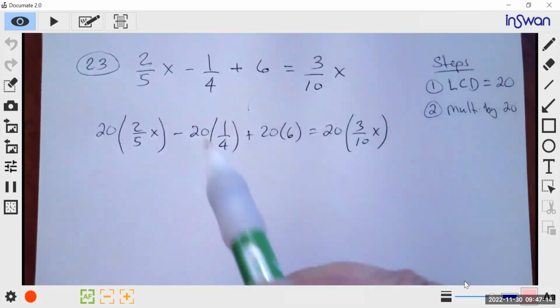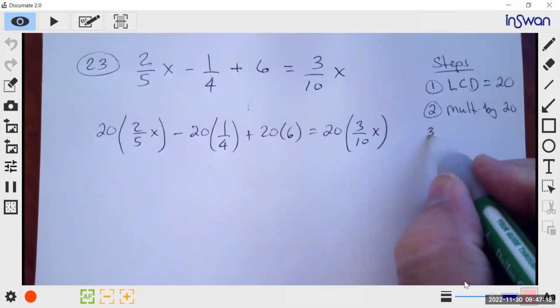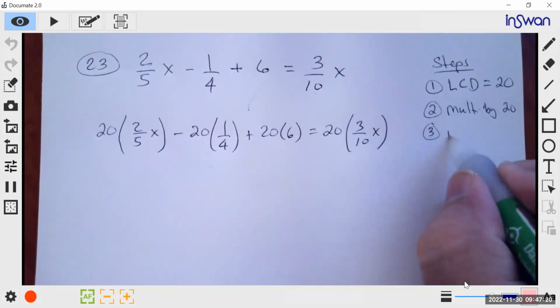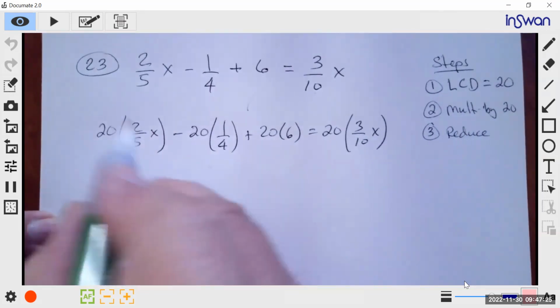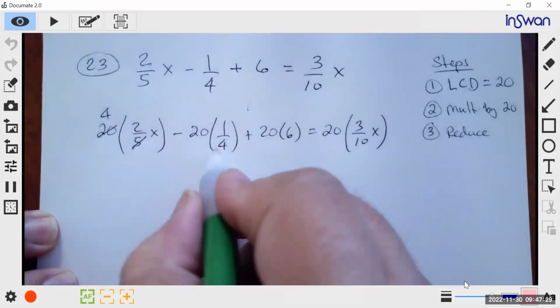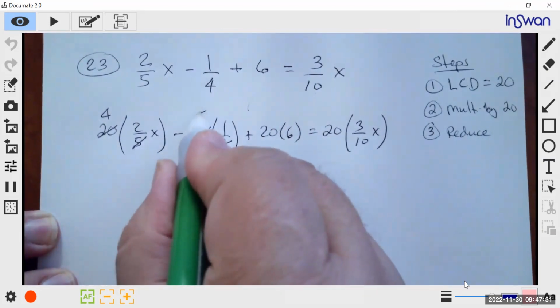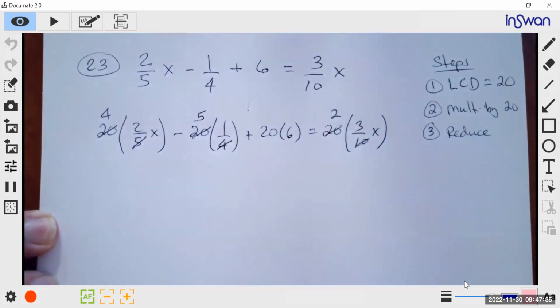So in front of each of these terms, I put a 20. Before you do anything, reduce. Can anything cancel? Yeah. 5 goes into 20 4 times. 4 goes into 20 5 times. 10 goes into 20 2 times.